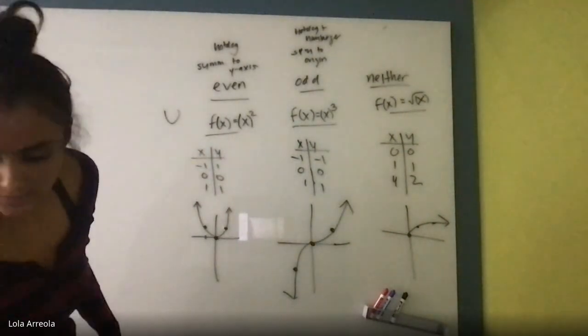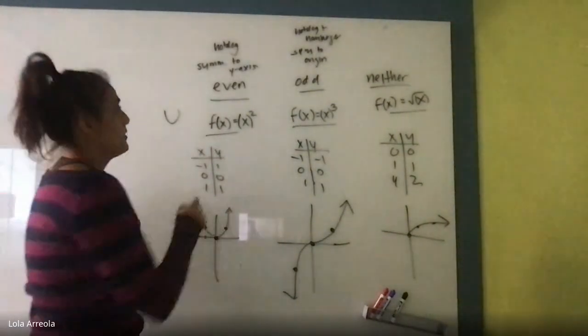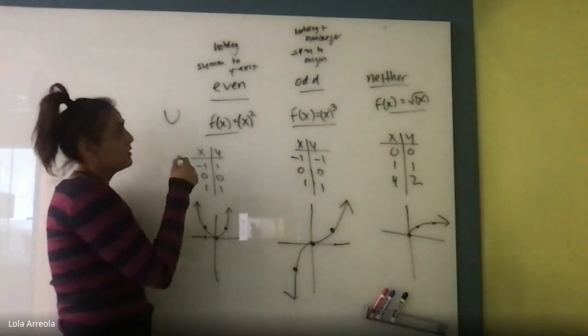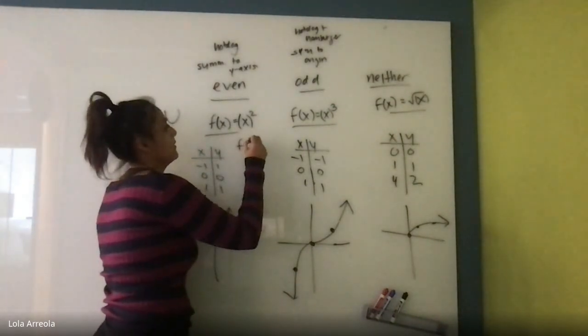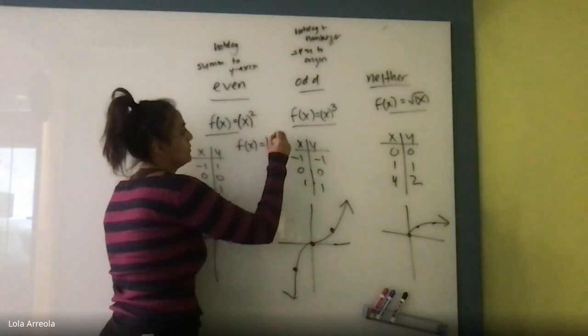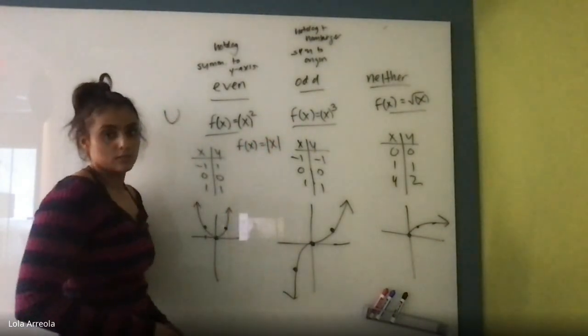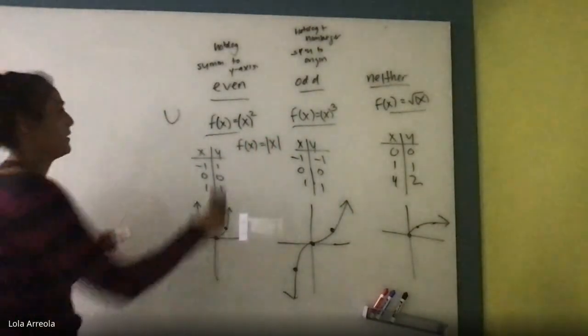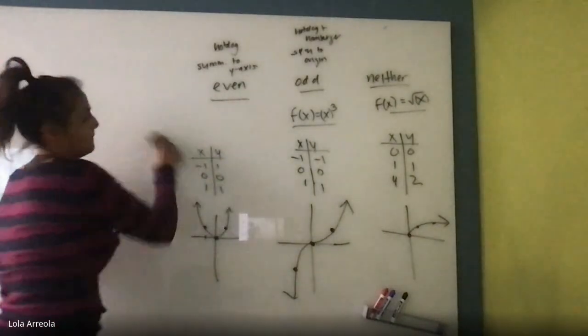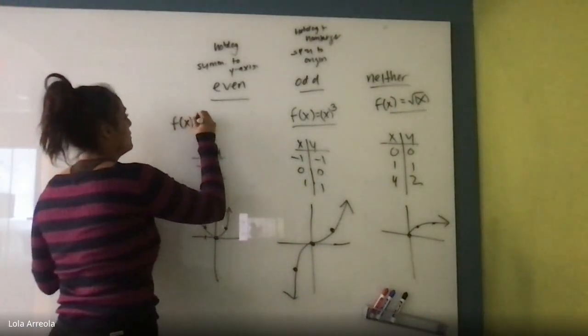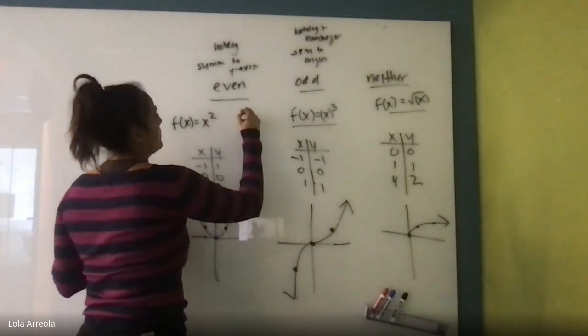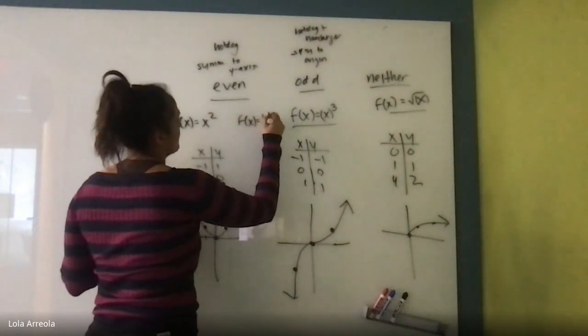Oh, one last thing. One that we treat as an even function is f of x equal to absolute value x. So let me erase this so that they're together. We have f of x equal to x squared, but we also have f of x equal to absolute value x.